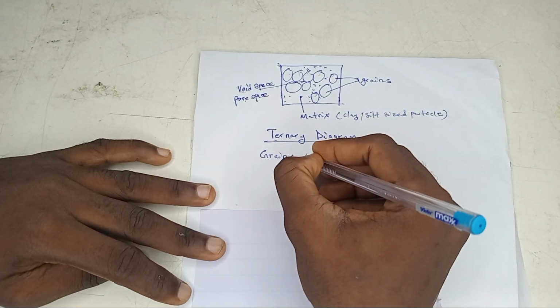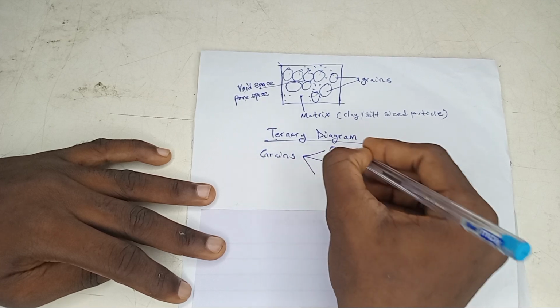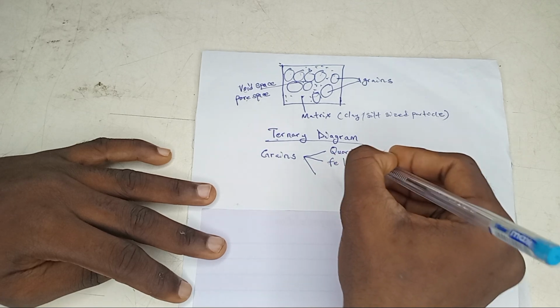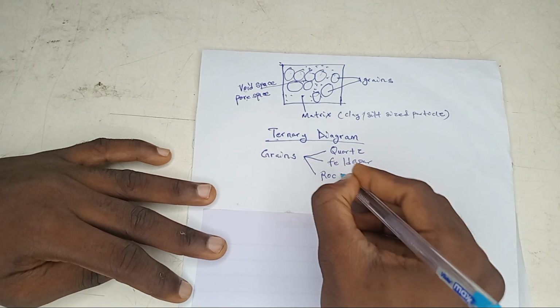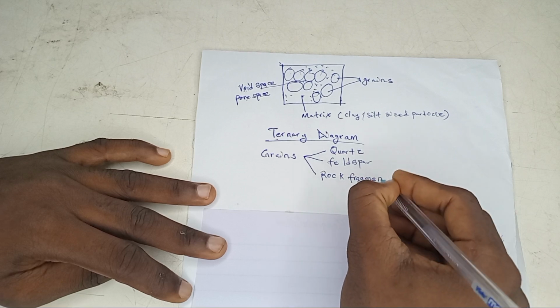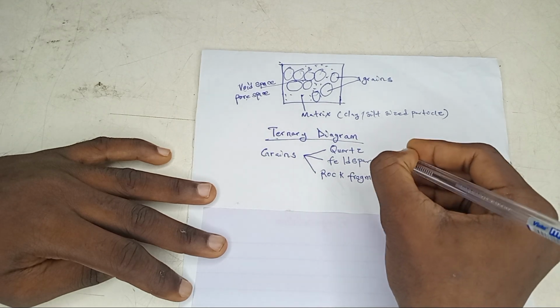The grains consist of quartz, feldspar, and rock fragment. So you can denote this as RF, here as F, and here as Q.